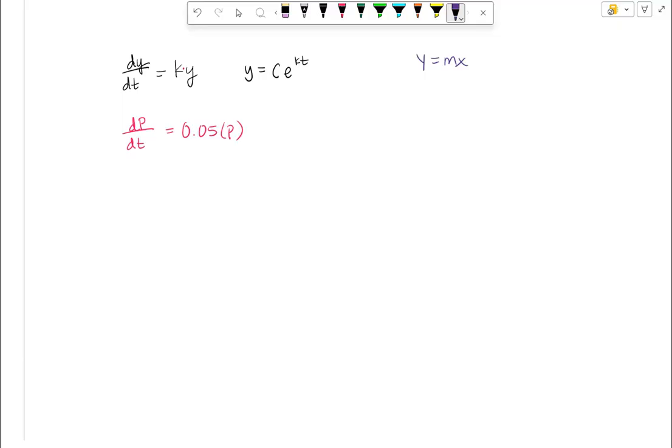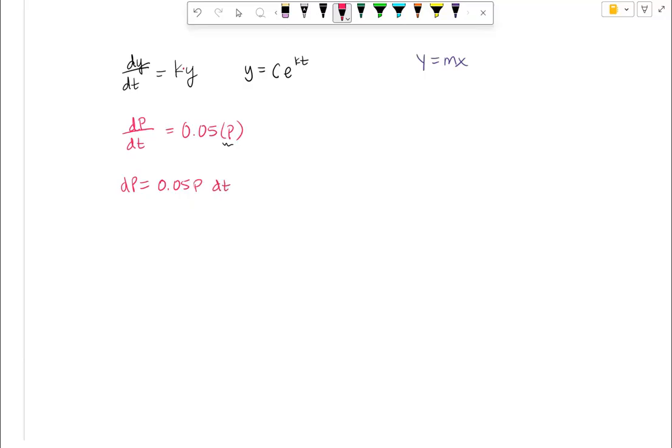So if we were to integrate this, and we have hopefully done this a little bit in Algebra 2, if I wanted to find a particular solution, or in this case we'll just find a general solution for our population model, we could first separate our variables. Notice that there is no variable t, but there is a variable P. So I would still multiply both sides by dt, so we would get dP equals 0.05P times dt.